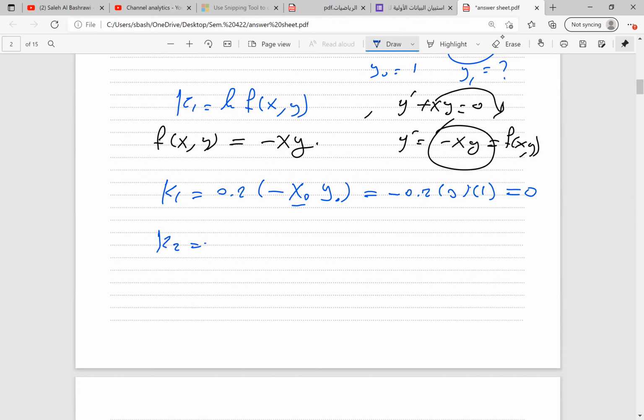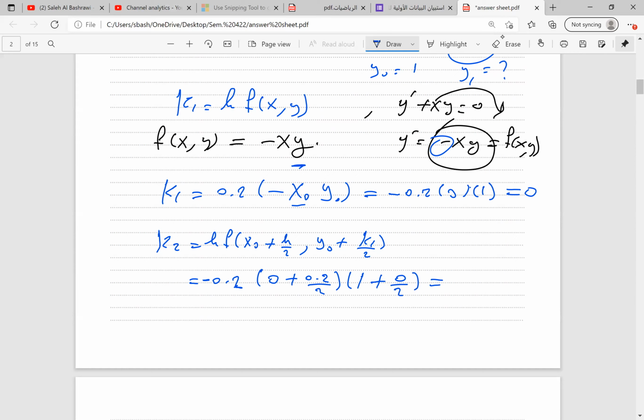k2 is equal to h multiplied by f of x0 plus h divided by 2, y sub 0 plus k1 divided by 2, which is equal to 0.2 multiplied by, I write the negative outside, so this is minus 0.2 multiplied by x0, which is 0, plus h, 0.2 divided by 2, multiplied by y0, which is 1, plus k1, which is 0, divided by 2.